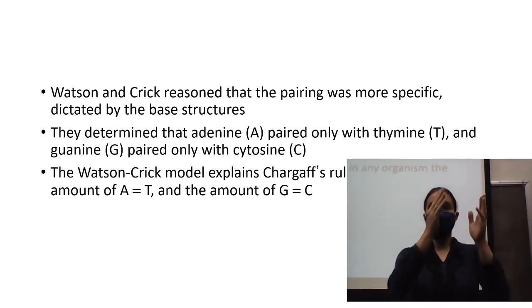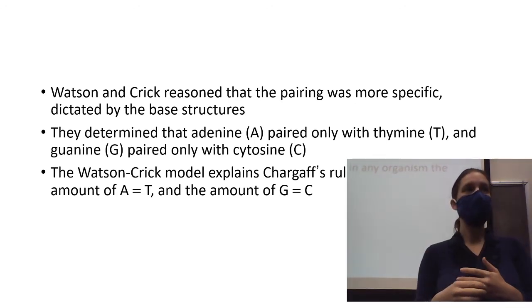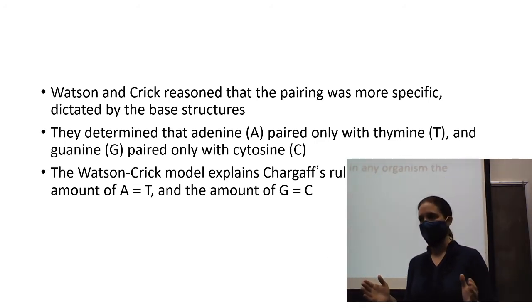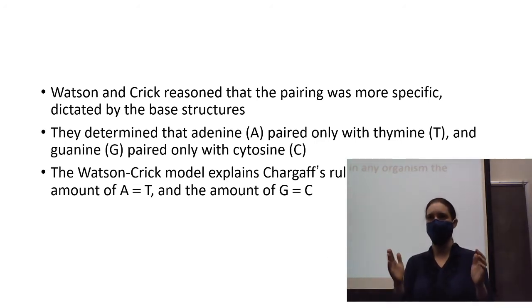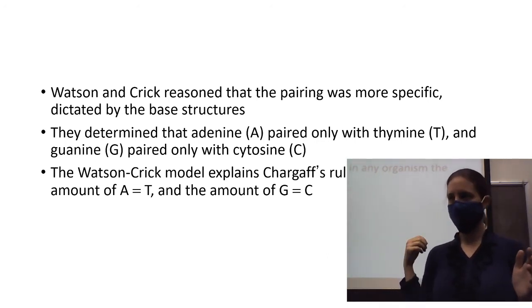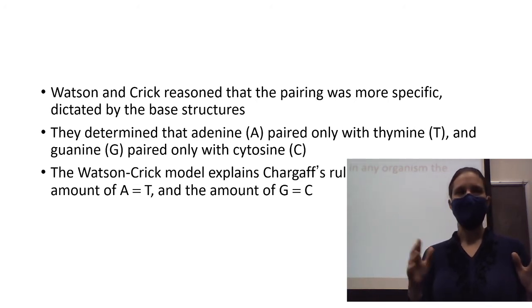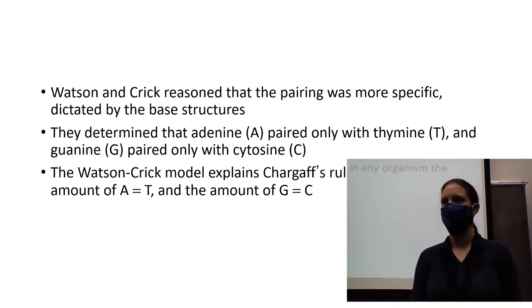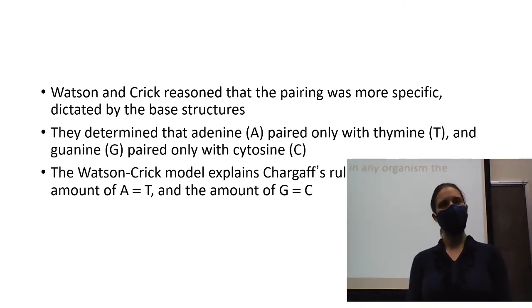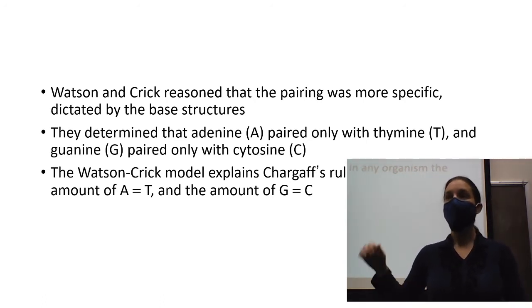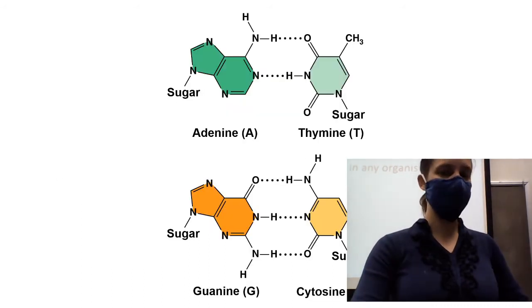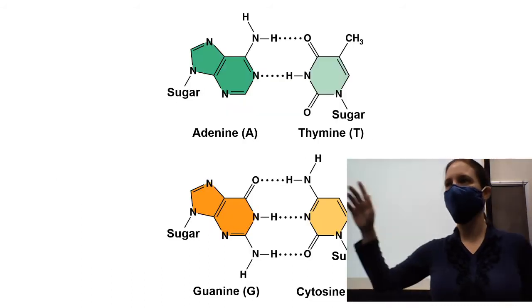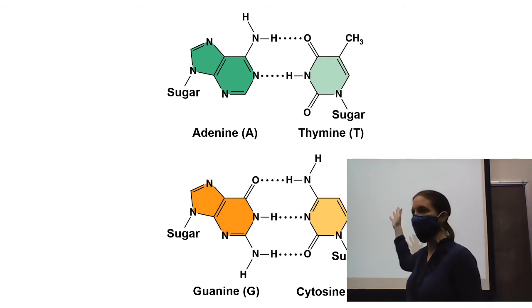So if you know the percentage of any one of the nucleotides, you can know the percentage of all the rest, because they have to pair in a specific order. Do we see that as a concept? When Chargaff had figured this out, it had been just an oddity, like, that's interesting. But the structure is the reason for this. The structure is because they're only pairing in this pattern.